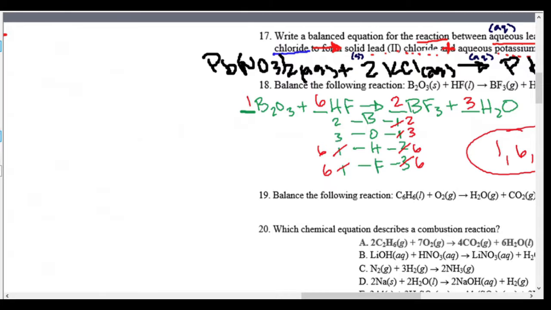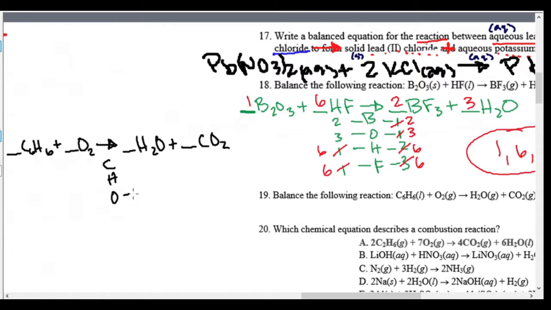All right. So we have blank C6H6 plus blank O2. When you're doing these, save oxygen for last, undoubtedly, because whenever you have something by itself, it's a lot easier to save that for last.